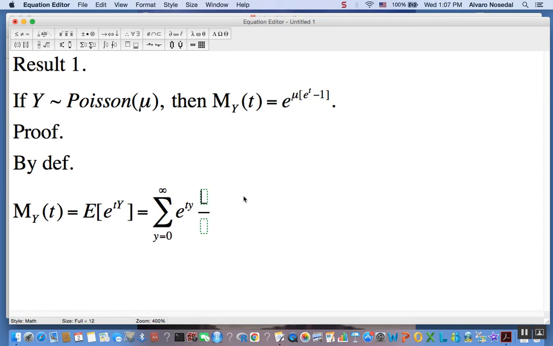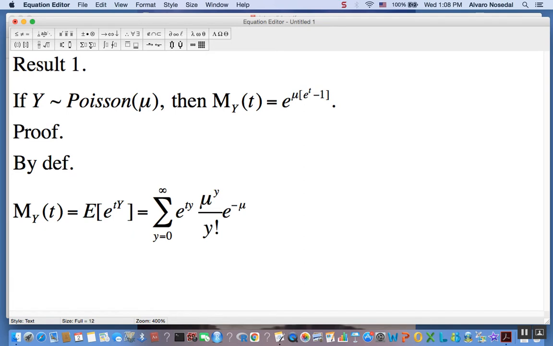So we know that the probability mass function for a Poisson with parameter mu is mu to the power y divided by y factorial times e to the negative mu. Make sense? Okay.